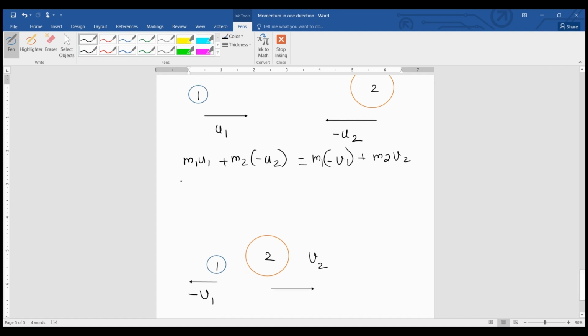So this equation now takes the form m1u1 minus m2u2 equal to minus m1v1 plus m2v2. Or you can write this as m1u1 minus m2u2 equal to m2v2 minus m1v1. These are a few of the scenarios of the law of conservation of momentum.